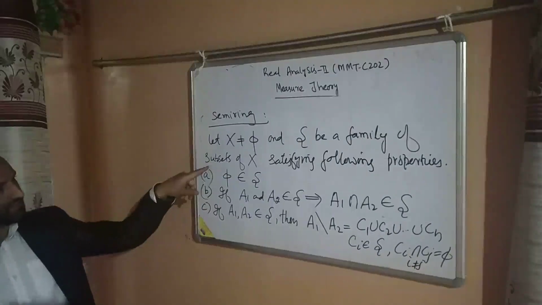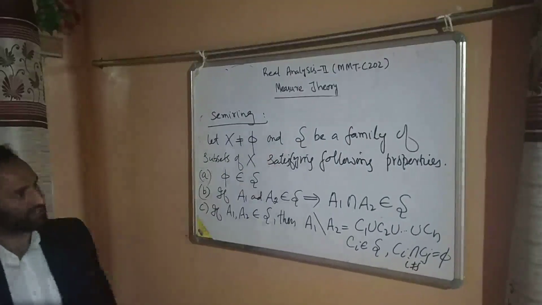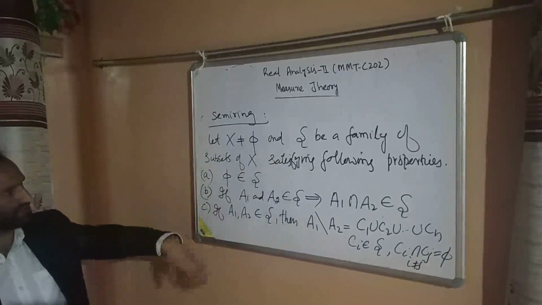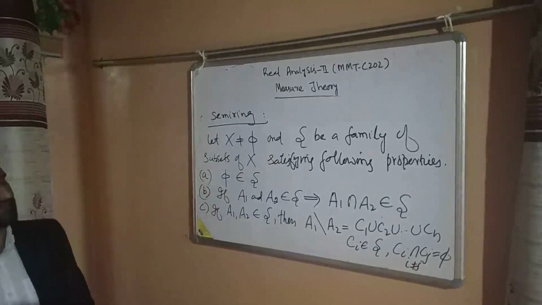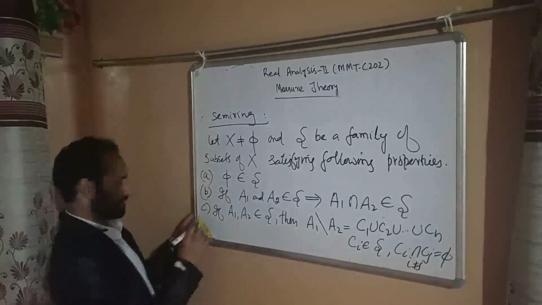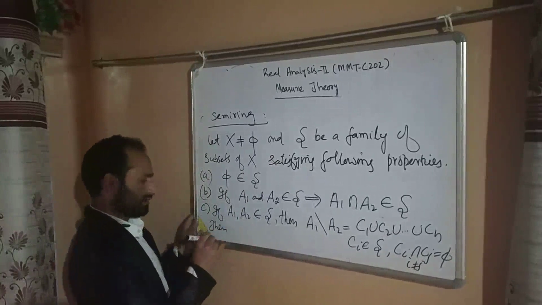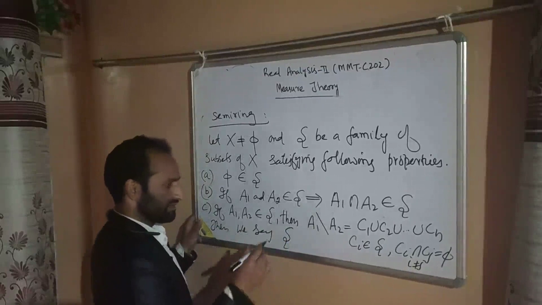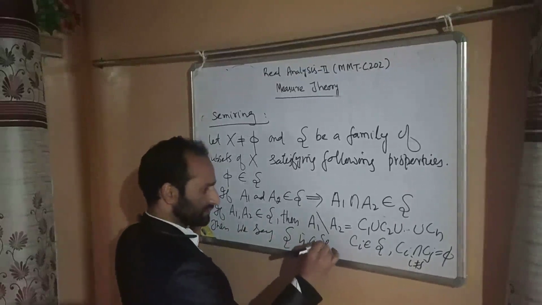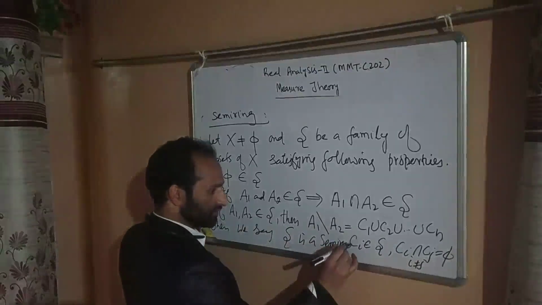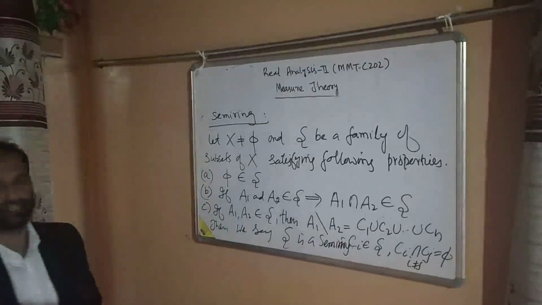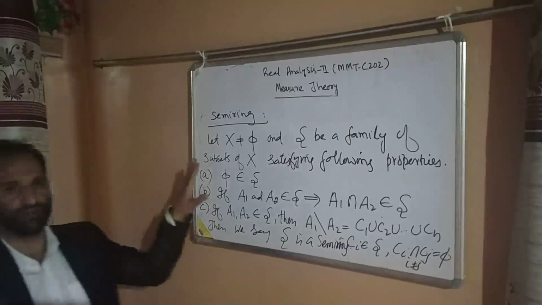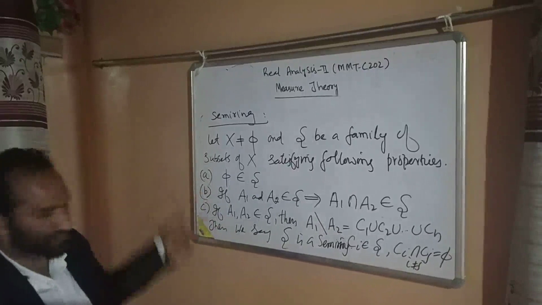If X is a non-empty set and S is a family of subsets of X satisfying these properties, then we say S is a Semiring. So what is a Semiring actually? It's a class of subsets of a certain non-empty set X satisfying these three properties.